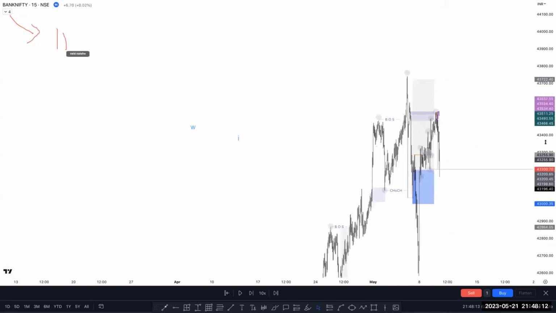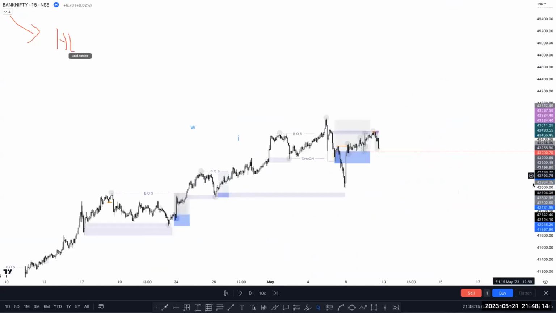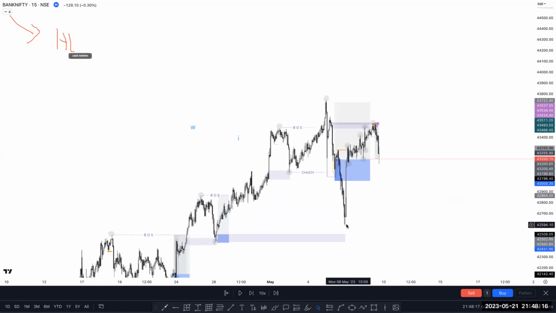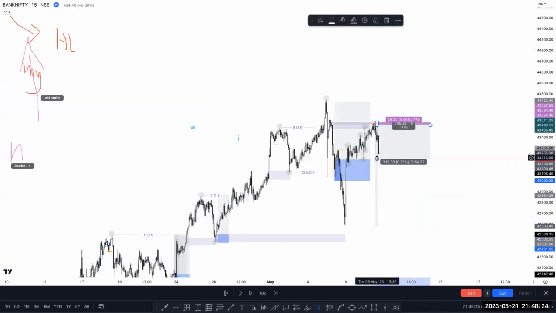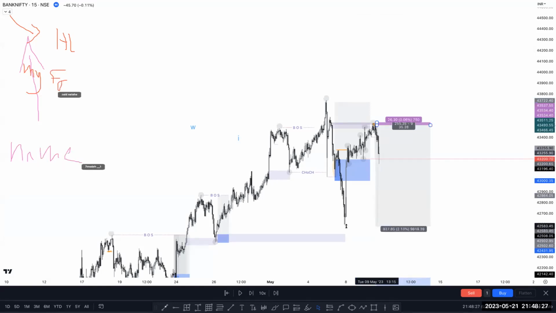Yes, sir. You can also set a major target here also, this one. This is a major low here. If you wish, you can hold 22 hours. This one is also you can set target here.